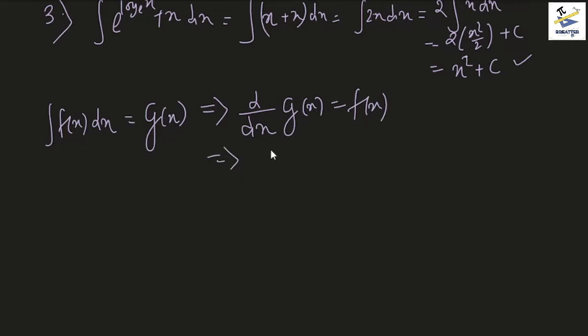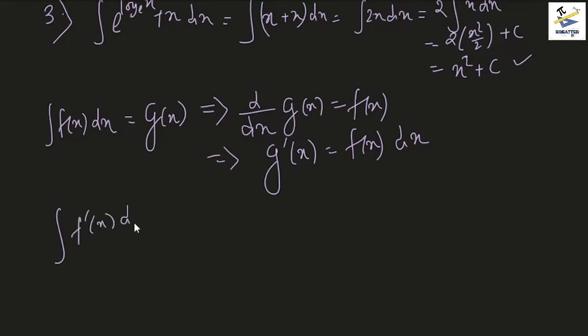Or in other words, there exists a function g of x such that g prime of x equals f of x. This also means that if you have the integral of f dash x dx, where f dash x is already the derivative of f of x, it would just give you f of x back. This is what integration means, because it's just the opposite of differentiation.